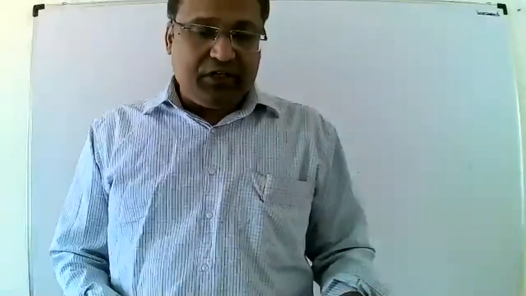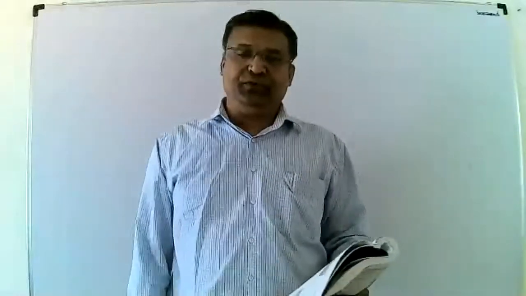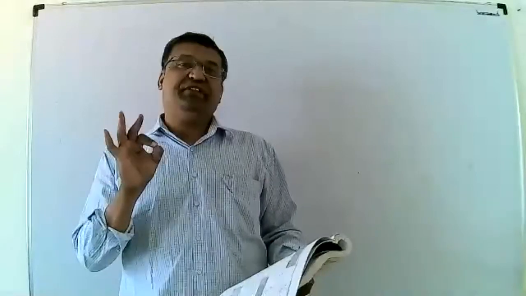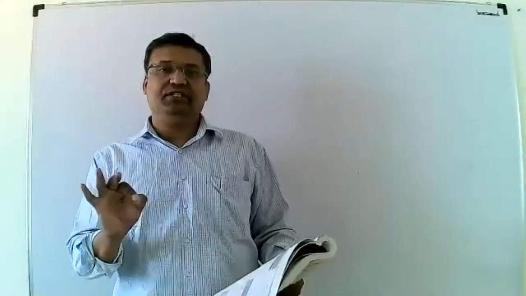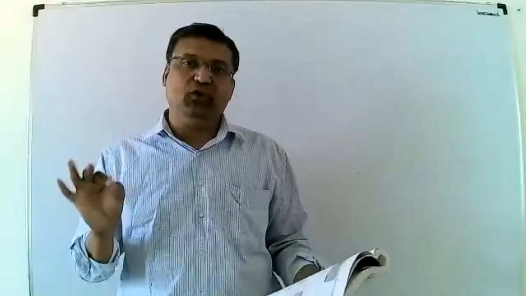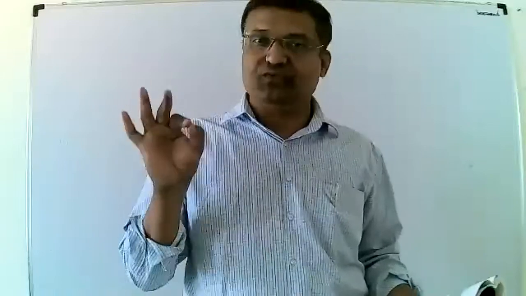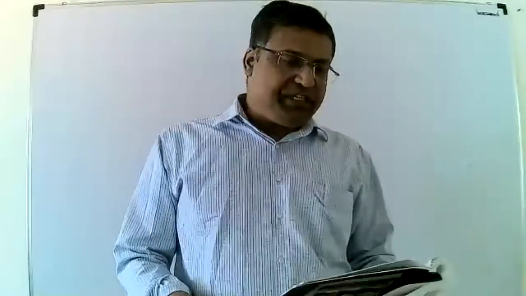Next. Subjected to a shear force of 60 kilonewton. Shear force is represented by capital F. F is equal to 60 kilonewton. Kilo means into 10 raised to 3, so 60 into 10 raised to 3 Newton.